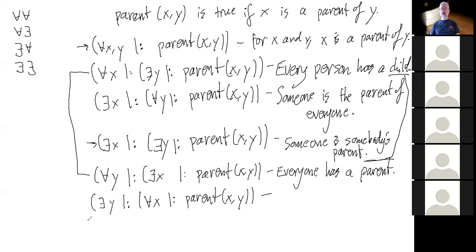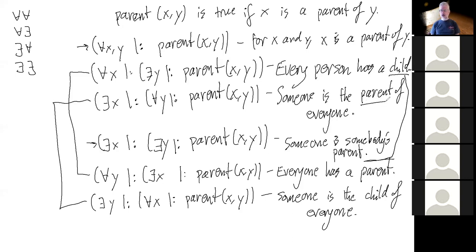Yeah, where everyone is their parent. There is someone who has everyone as a parent. So in the same way that here we were saying someone is the parent of everyone, here someone is the child of everyone. So there is someone where everybody is their parent, which is also super weird and not very plausible in my understanding of biology. So this one we could say someone is the child of everyone. And so this would be similar to this, with the difference being the parent and the child piece here.